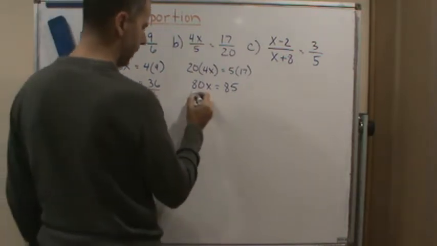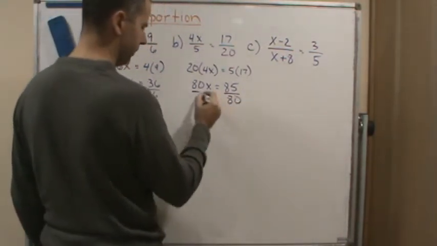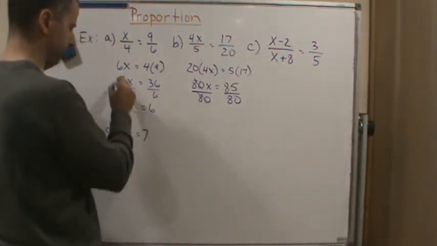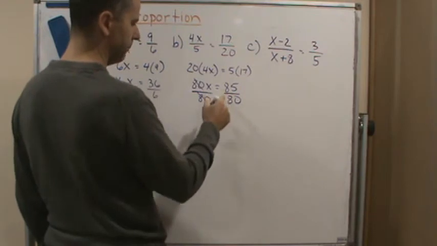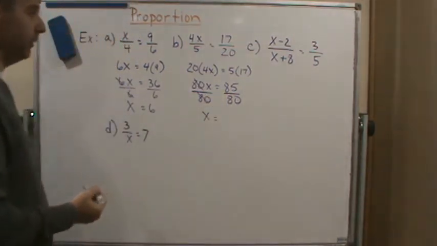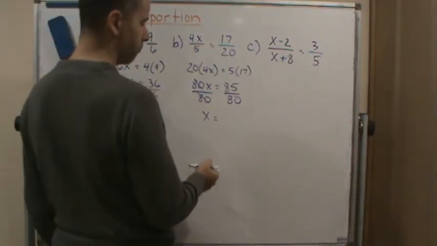And so now if I divide both sides by 80, I get x equals 85 over 80, which is going to be reduced to what?